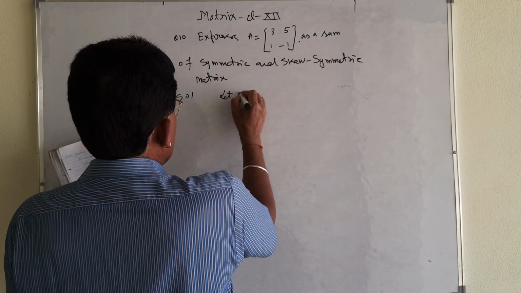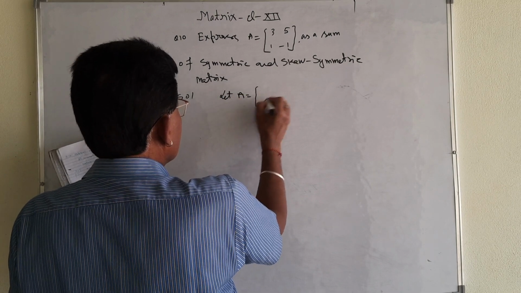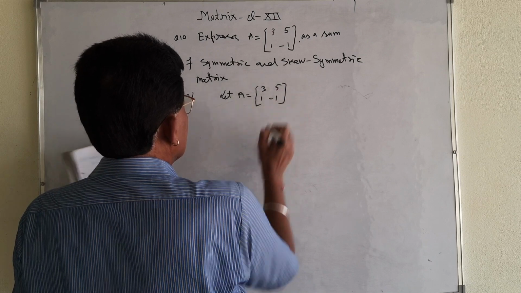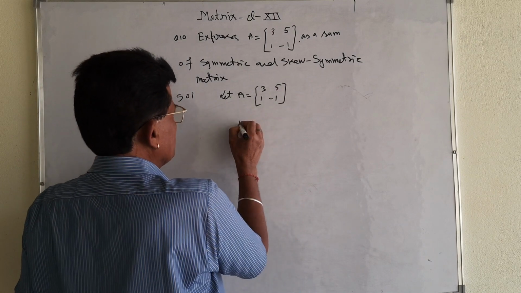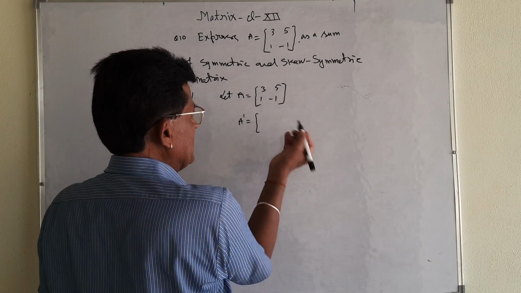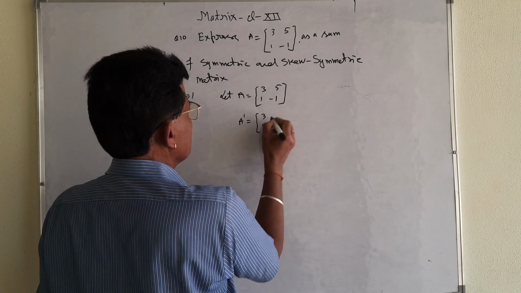Let A be the matrix 3, 5, 1, -1. It is given. Let me take the transpose of it. For the transpose, you will have to interchange rows and columns: 3, 1, 5, -1.